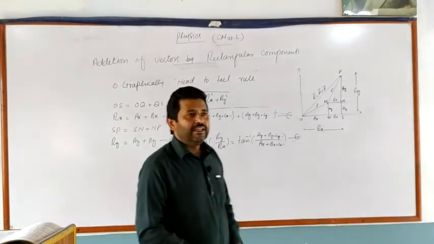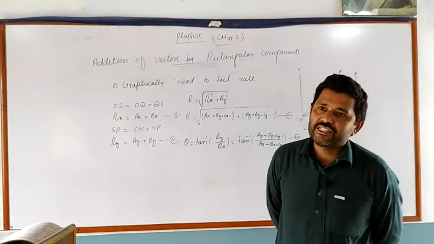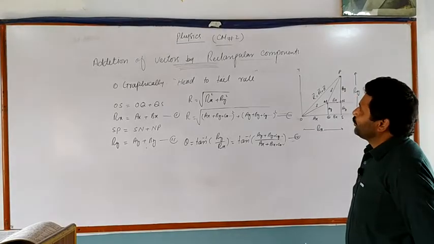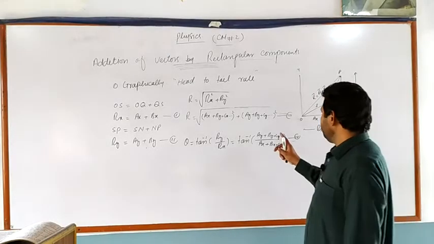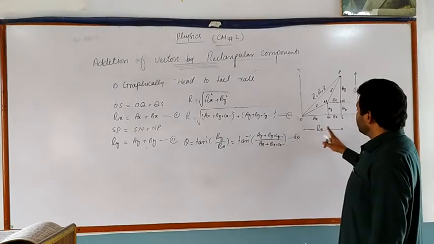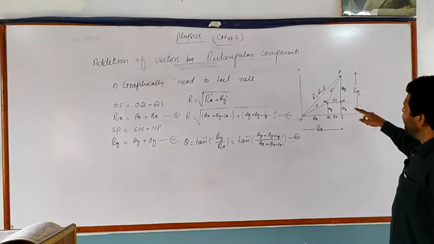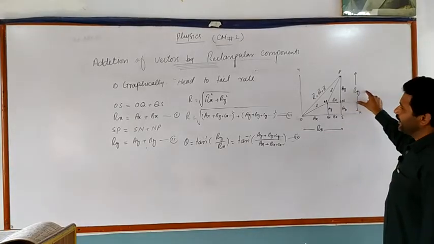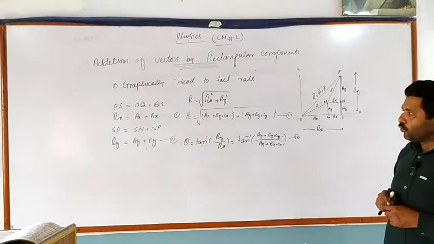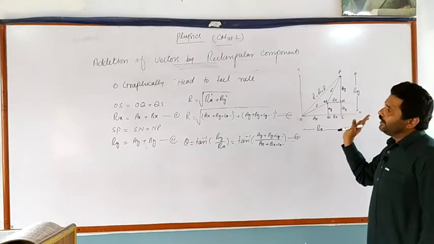Dear students, in this topic, let us discuss the important points belonging to this topic. First of all, find Ax, Bx, Rx, meaning the x components of these vectors A, B and R. Also find Ay, By, Ry, meaning the y components of these vectors.